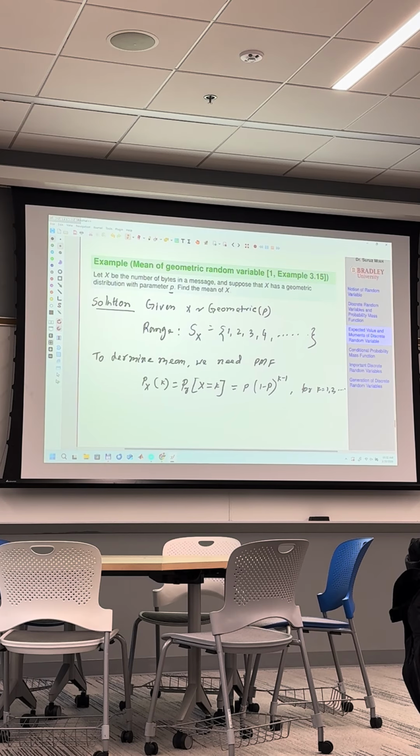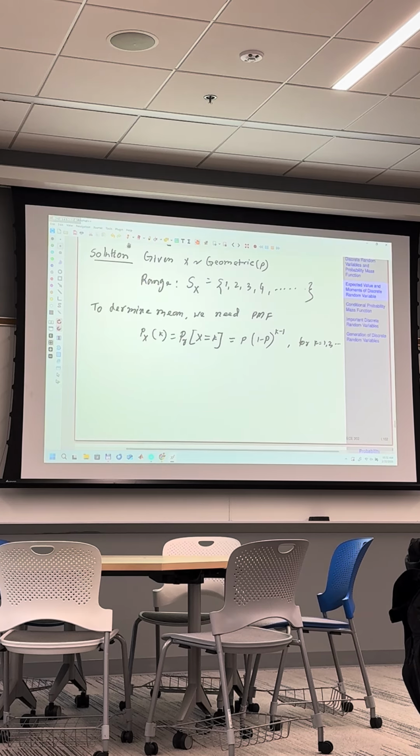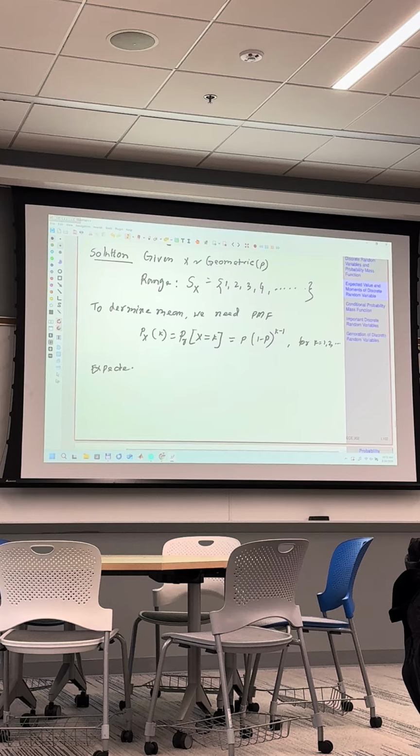Now we know the range, we know what sort of random variable it is, and we know the PMF. It's a piece of cake to find the expected value.